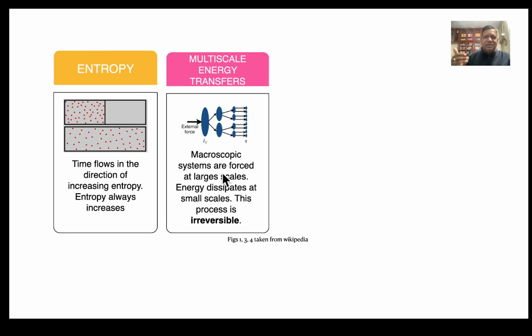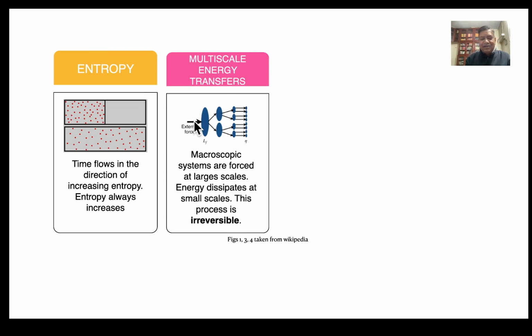It could be the sun or stirring by an external force, and this stirring gives energy at large scales, and that energy flows to small scales where it dissipates. So this process is irreversible. The energy does not flow back from the microscopic to macroscopic. We don't have entropy, but we can use this energy transfer to define the arrow of time. In 3D, the time flows in the direction where energy transfer takes place from large scales to small scales.